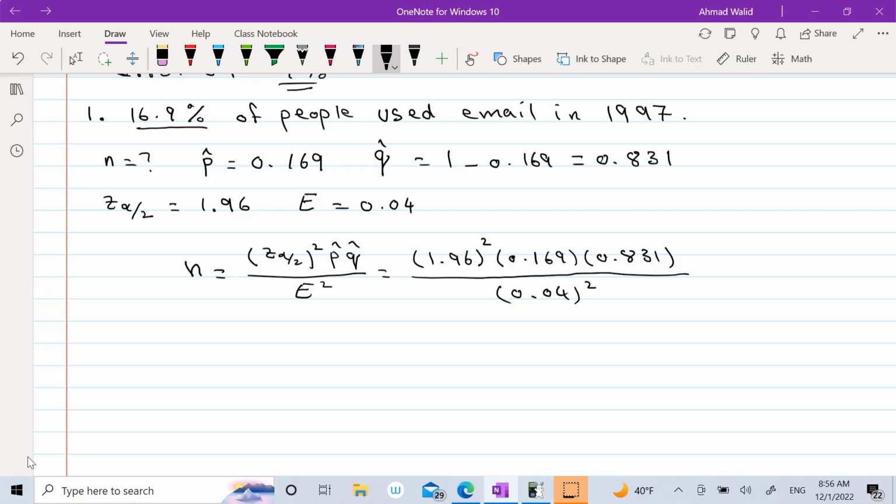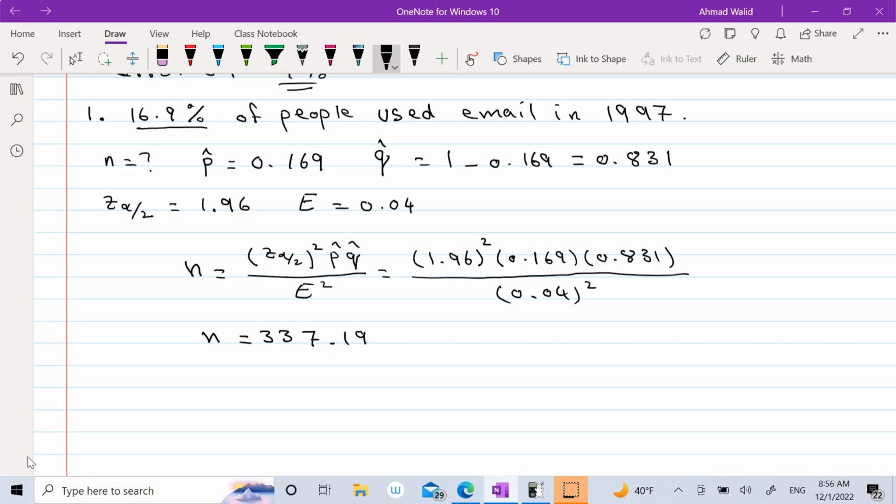Now using your calculator, first square 1.96, then multiply the three numbers in the top, square the denominator, and then divide. If you do so, you will end up with n equals 337.19. That will be your sample size.